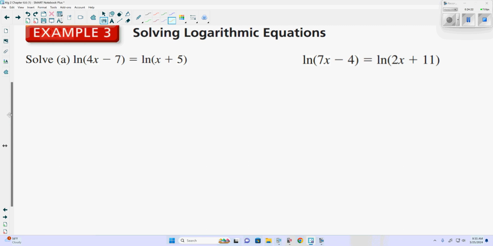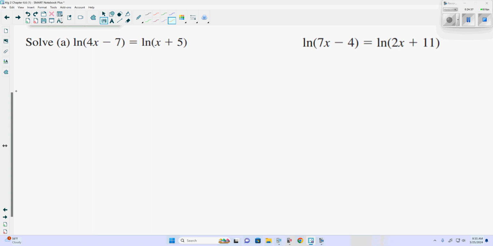And it's not that x cannot be 0. Like if we look at this first one here, 4x minus 7, that value cannot be 0 or negative, because we can't have a negative number or 0 inside of a log. But for this here, the natural log of 4x minus 7 is equal to the natural log of x plus 5. Okay? Do we have one log on either side of the equation?